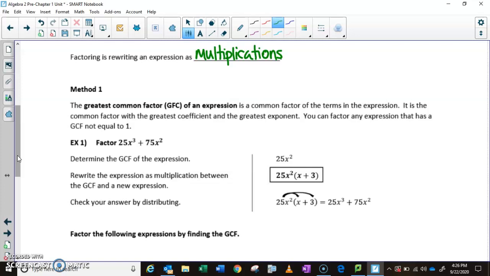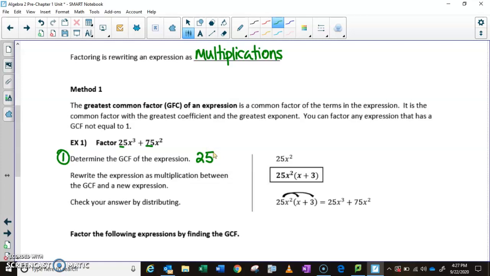So first example, 25x cubed plus 75x squared. My first step is to determine the greatest common factor of the expression. So 25x cubed and 75x squared, find the greatest common factor. So my GCF, 25 and 75, has a 25 numerical part, x cubed and x squared.